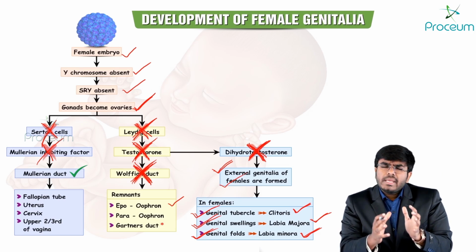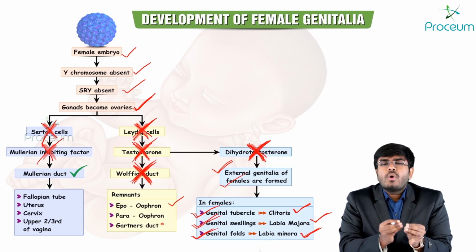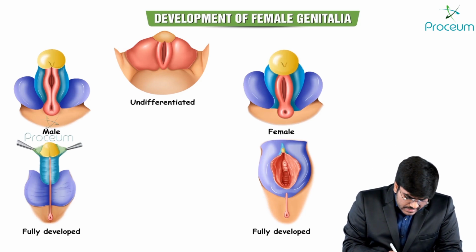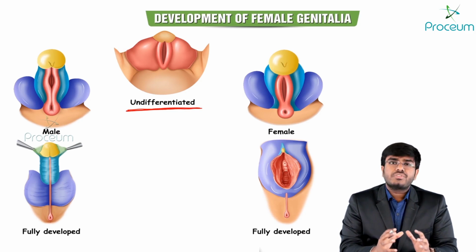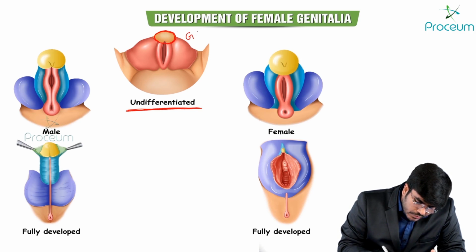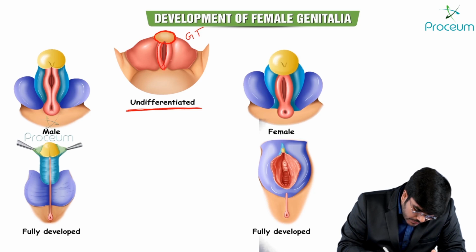Okay, now let me explain this concept in a bit more detail. Please concentrate on this slide, guys. See, this is an undifferentiated stage. The structure which I am showing you here, this yellow colored structure, is the genital tubercle. And these midline folds, these medial folds which I am highlighting right now, are genital folds.